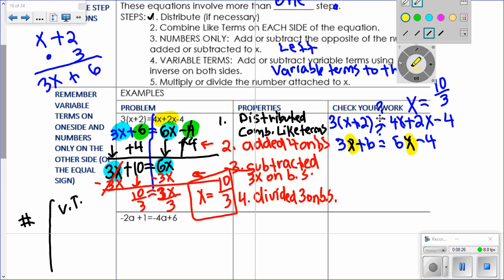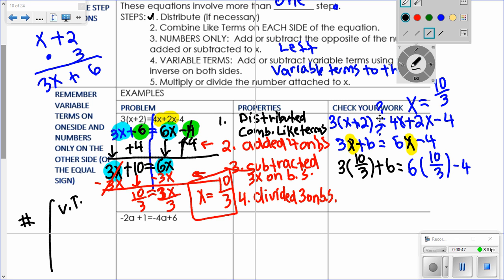Okay? So 3 times 10 over 3 plus 6 equals 6 times 10 over 3 minus 4.